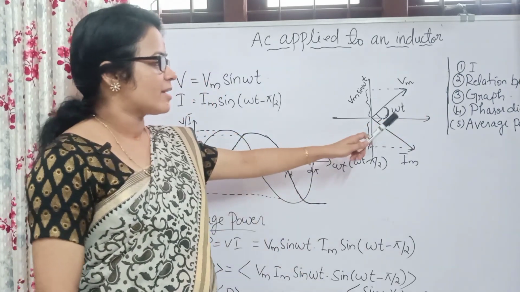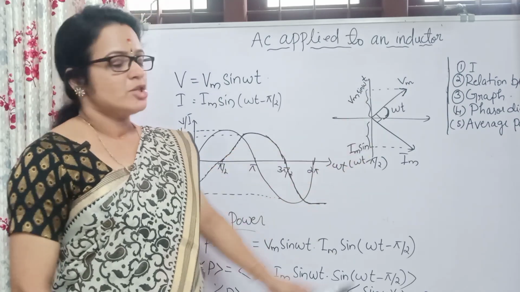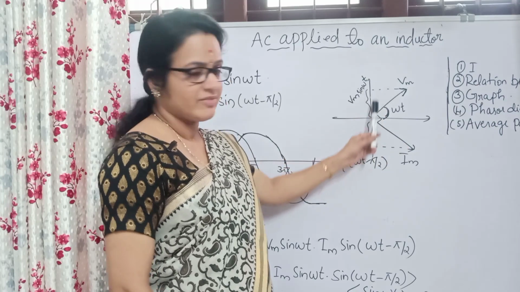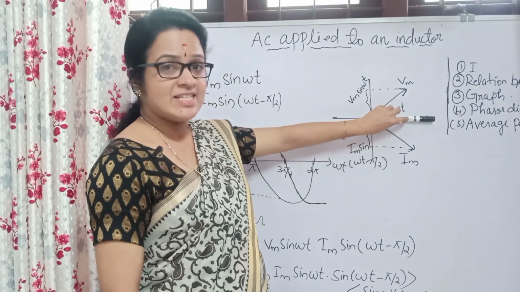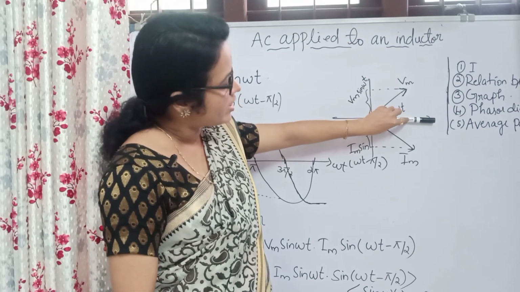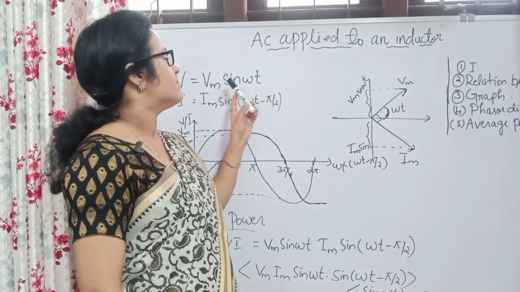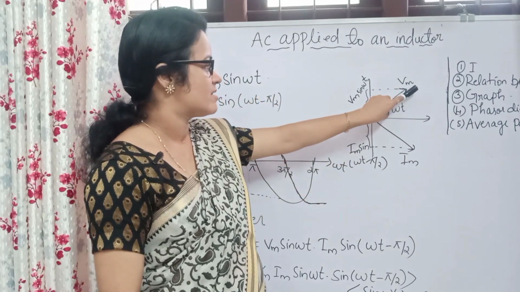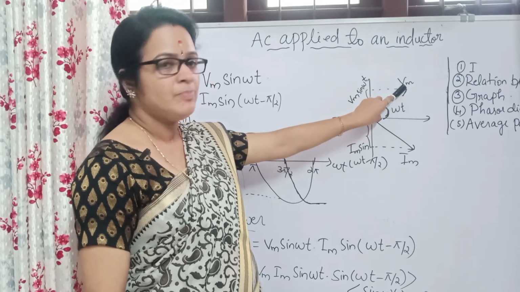Okay, so that is the graph, and now we have to draw the phasor diagram. Phasor diagram means we have to draw the voltage and current in the same graph. So here this is horizontal, here we are taking the vertical, and from here we will start moving. Okay, this is 0. So from 0 it starts to move. Here we have V is equal to Vm sin omega t. So first of all we can draw the phasor of voltage, that is Vm, the maximum voltage.